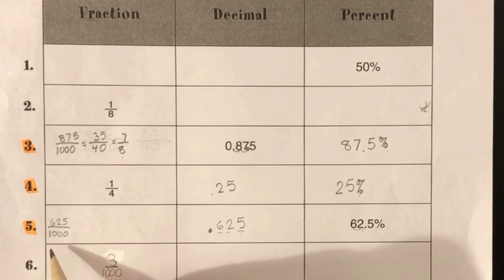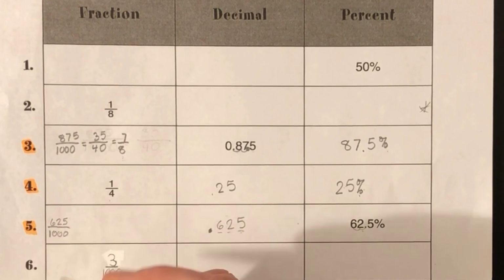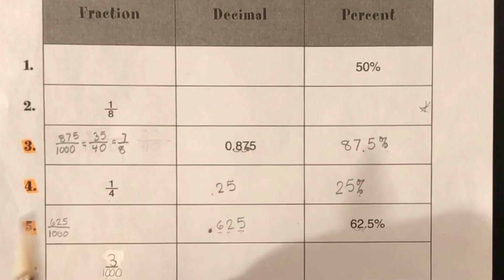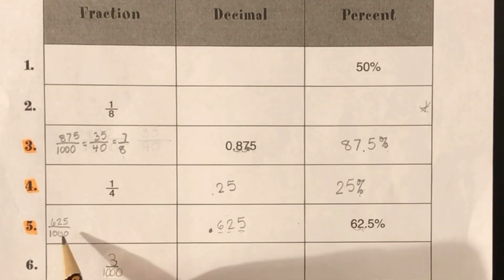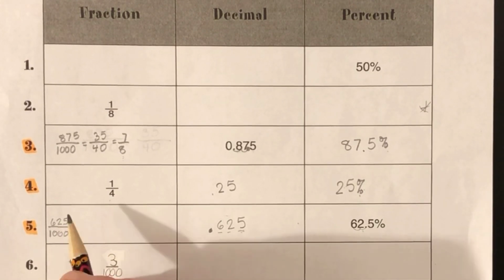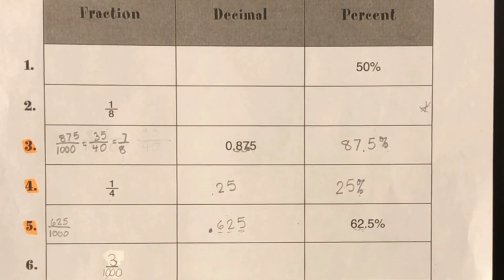You can reduce these, and you can start by reducing by 5 if you want. And each time you reduce it, the numbers will get a little bit smaller, and it'll be easier to see if you need to reduce it again. I know that 25 goes into both of them, so I'm going to start reducing by 25.